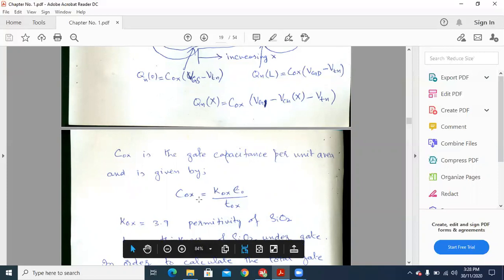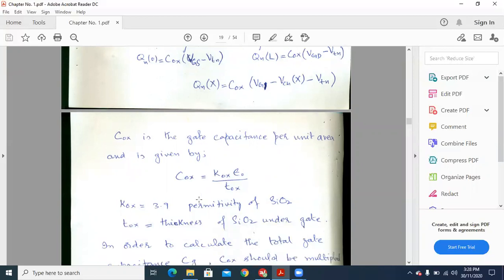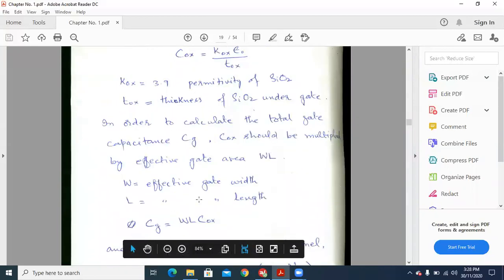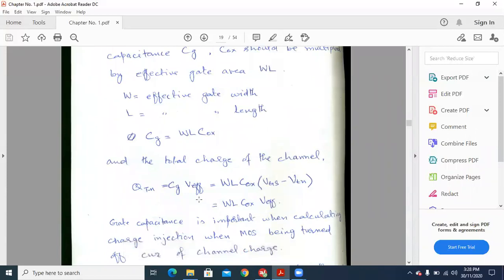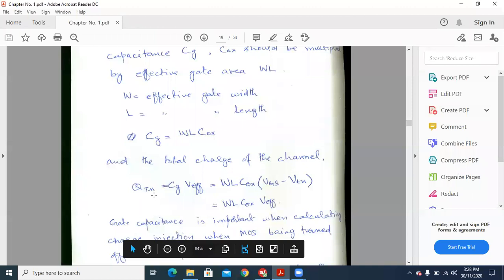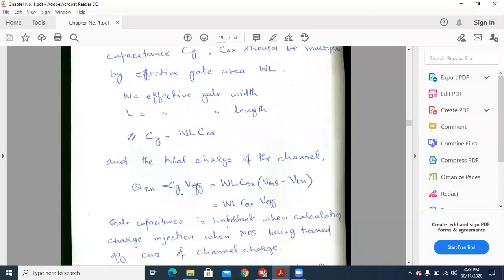By calculating the value of COX, you can find the total charge inside, which is equal to the gate capacitance into VGS minus VTN. This Q is equal to CV, as we have seen previously.